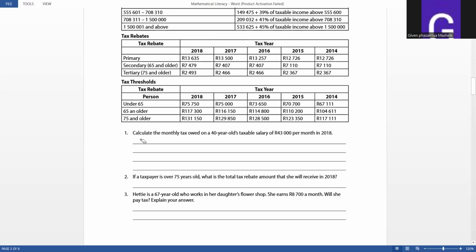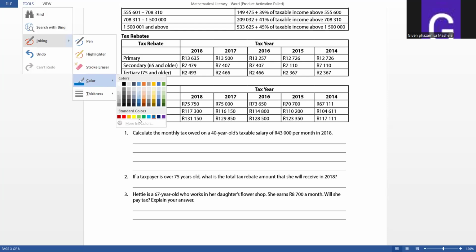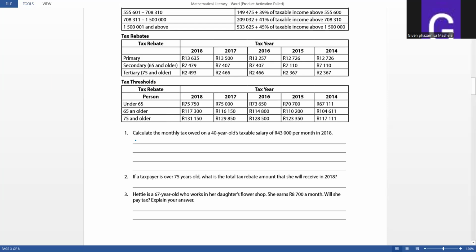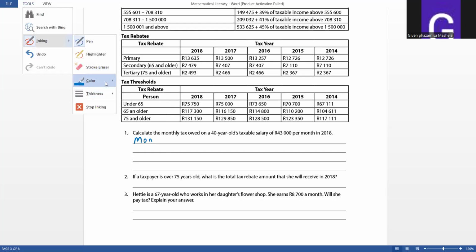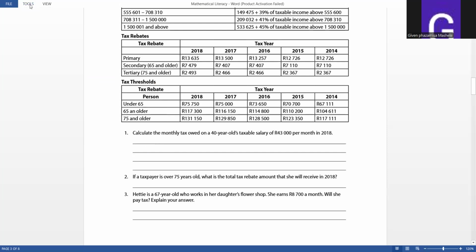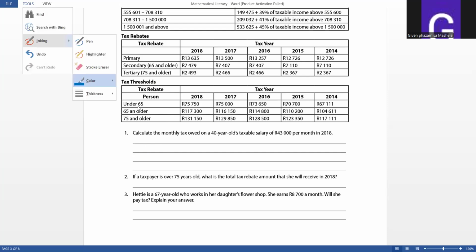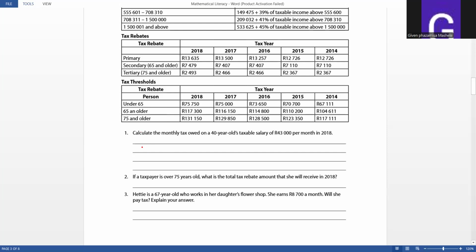All right. Since we are given a monthly taxable income, number one, we have to come up with an annual taxable income.